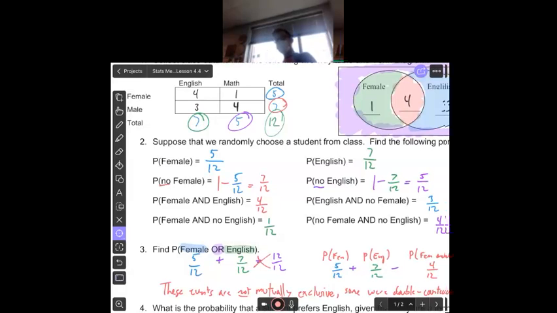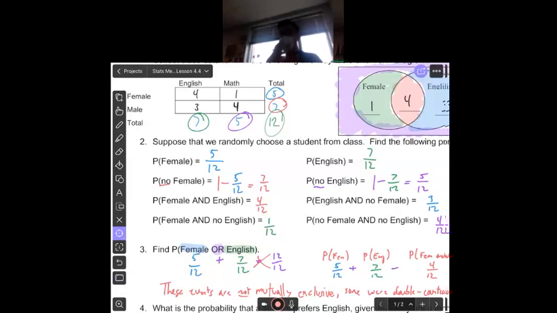So if I'm looking at rolling a die, I can say what's the probability of rolling a 2? It'd be 1 out of 6. If I say what's the probability of not rolling a 2, how many ways are there to not roll a 2? Well, there's 5 ways that aren't 2 out of the 6.